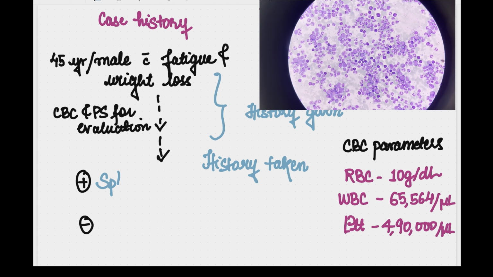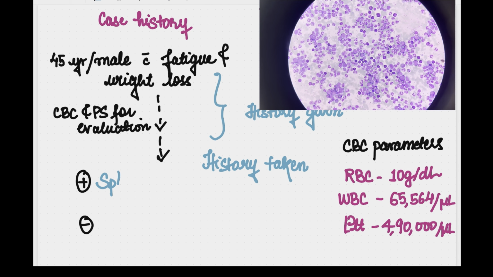This is a basophil, and the characteristic of a basophil is that it has coarse granules which obscure the nuclear outline. That's very important. Even in the image you can't see the nuclear outline properly, unlike an eosinophil or a neutrophil. Then you already know the blast from the previous video. Then you have the granulocyte precursors, which are the myelocyte and the metamyelocyte.